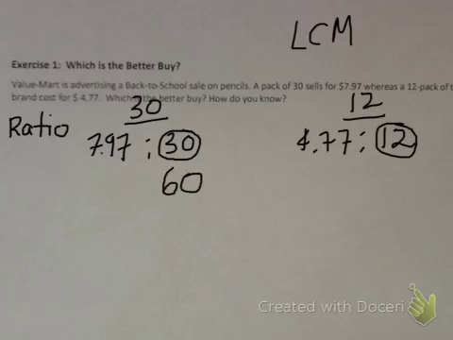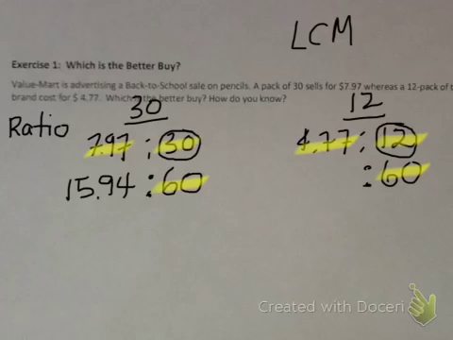If we did that, now we're actually comparing to the same number. Up here you had 7.97 for every 30 and 4.77 for every 12. Now we're going to do them both for every 60. If we did the math here, this would be 15.94 for every 60, because that's just multiplying by 2.